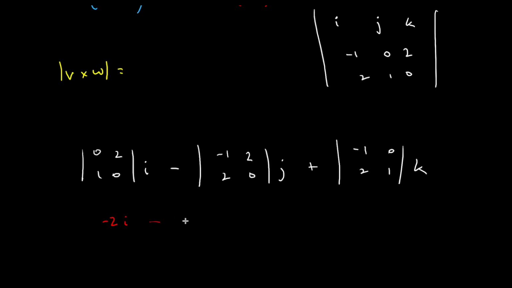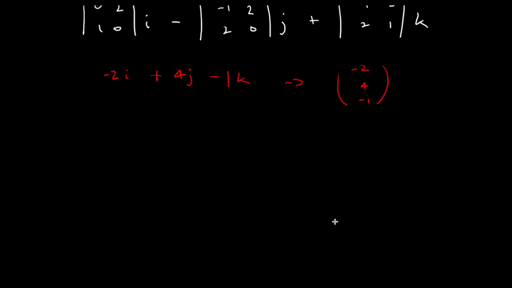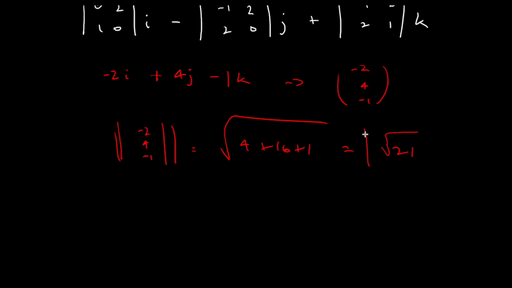Minus (0 minus 4) is plus 4j. And then I have -1 minus 0, so this is just -1k. So my vector is (-2, 4, -1). The magnitude of (-2, 4, -1) is just the square root of 4 plus 16 plus 1, which is the square root of 21. So this is the area of our parallelogram.